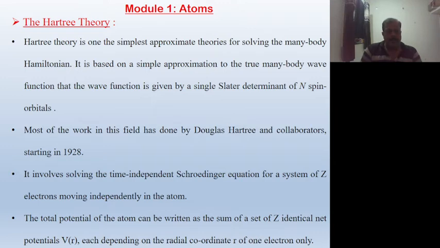Now, the total potential of the atom can be written as the sum of a set of Z identical net potentials V of r, each depending on the radial coordinate r of one electron only.